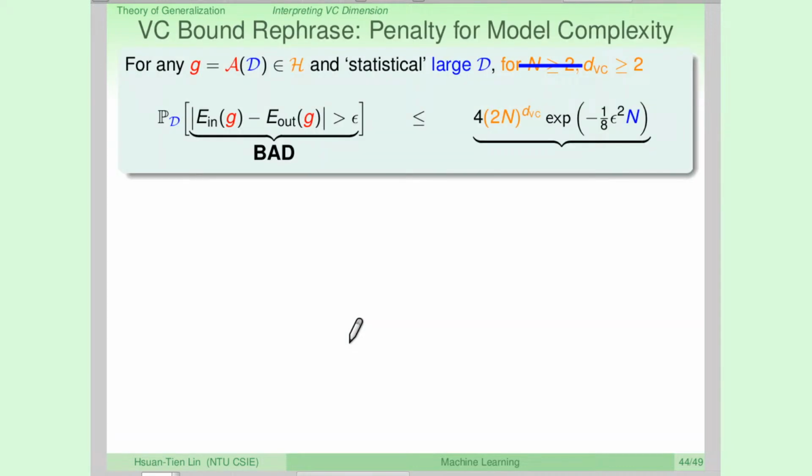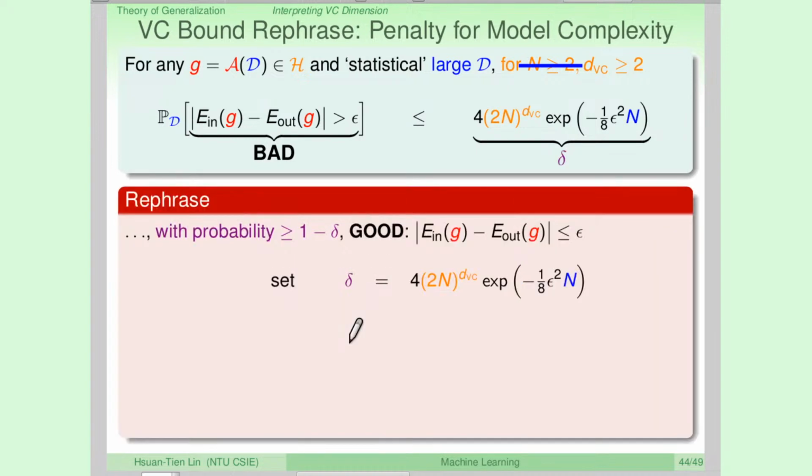We'll continue the discussion here because we have some follow-up message about VC that I want to wrap up before we accept more questions. Now we talk about the VC bound, and we can rephrase the VC bound in another way. Originally, we want the bad probability to be upper bounded. Another way of looking at this is to convert the bound to the good probability.